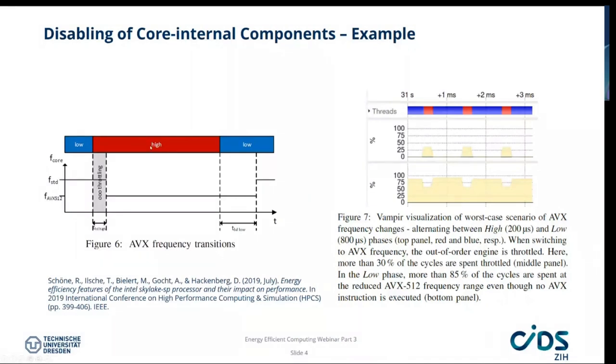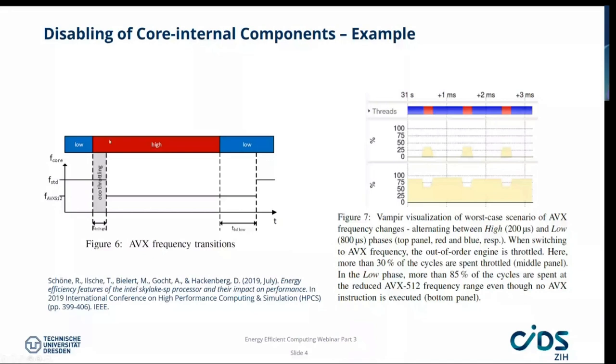During the low phase, when these instructions are not used, the data paths will be disabled. Internally in the core, the AVX 512 paths will be disabled and only the lower bits will be enabled. That means you get a lower power consumption, which could turn into a higher frequency. What that also means is that you will have a lower frequency as long as you're in that high workload.